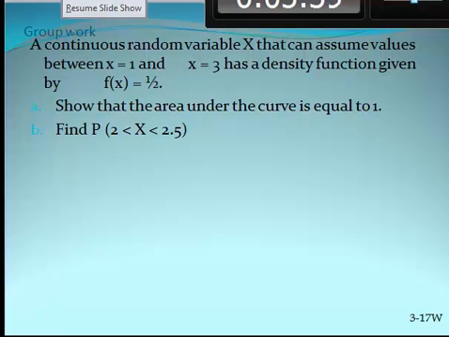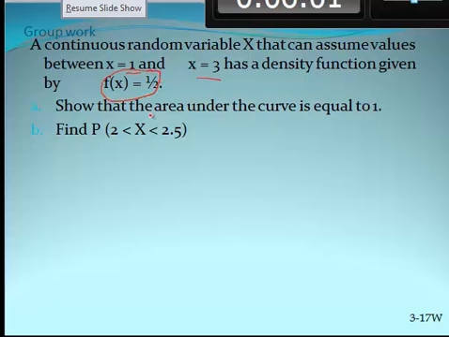So let's look now at this continuous random variable, where x can assume values between x equal to 1 and x equal to 3, and we've got a density function defined right here.